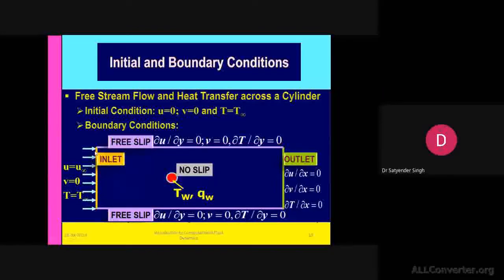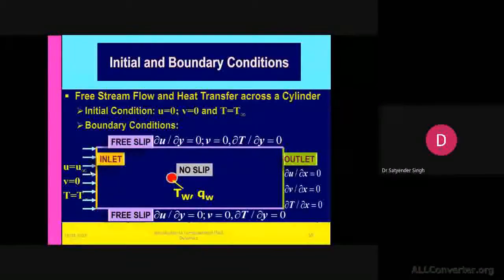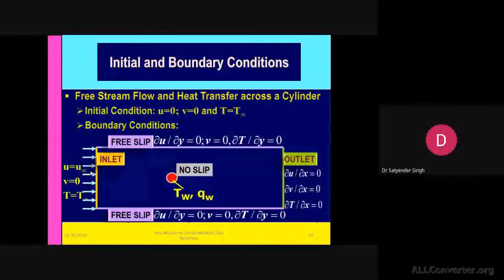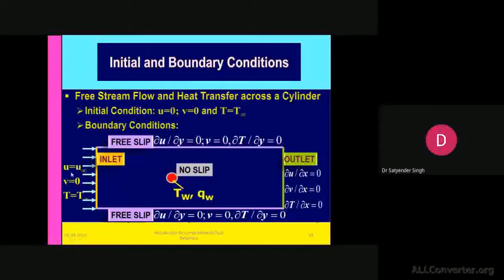We will have the combination of Neumann and Dirichlet boundary conditions. Let's say at the inlet of this rectangular channel, we have to insert the momentum equation and the energy equation. What is required for the momentum equation? We must provide some velocity of the fluid.